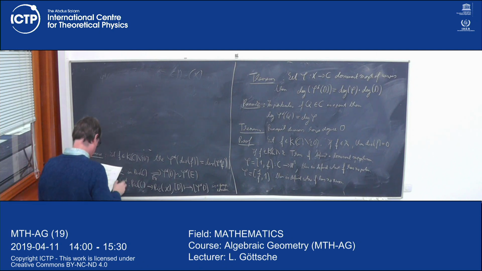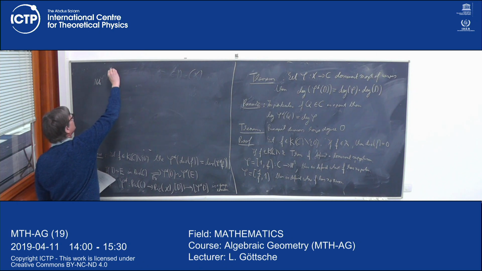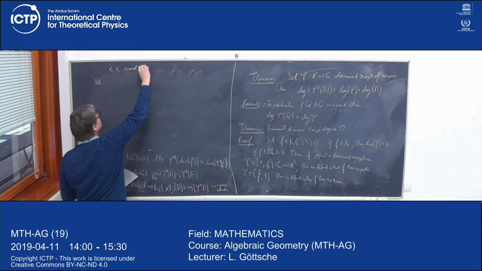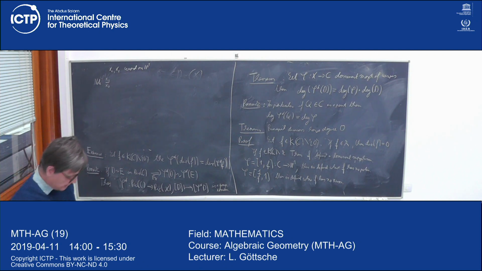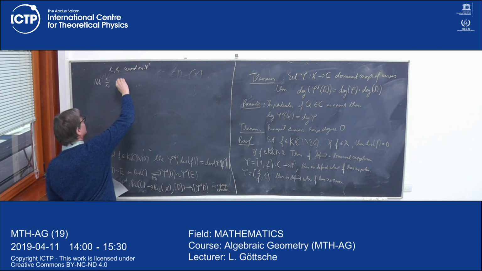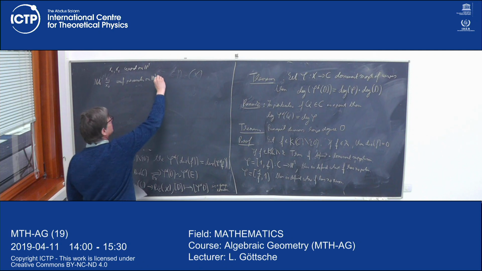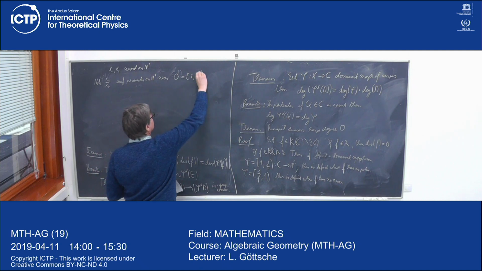So note, x0, x1 are the homogeneous coordinates on P1. Then if I take x1 divided by x0, this is a uniformizing parameter on P1 near the point 0 in A1, by which I mean (1 : 0).